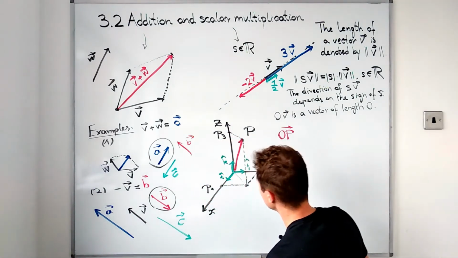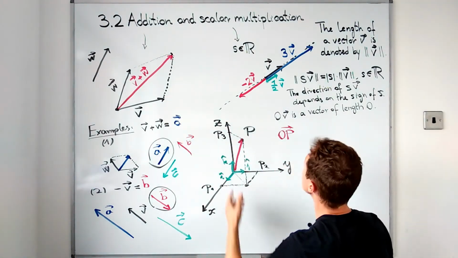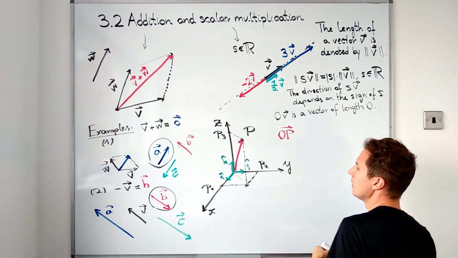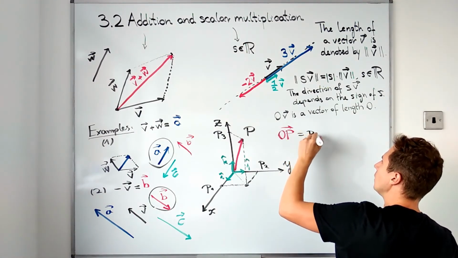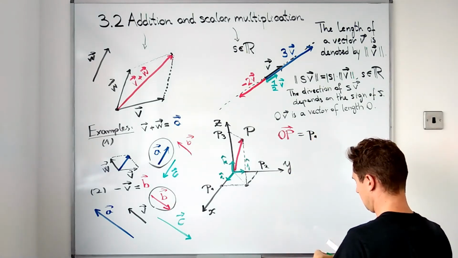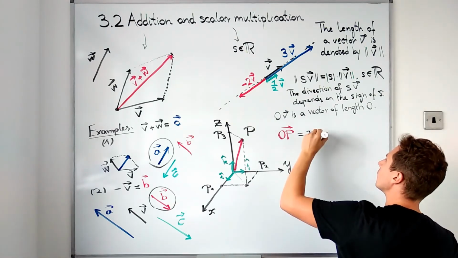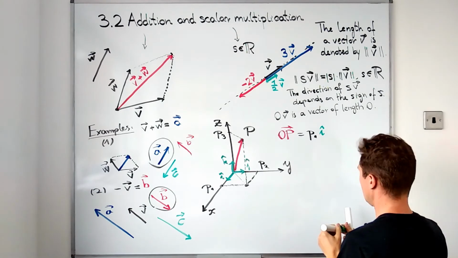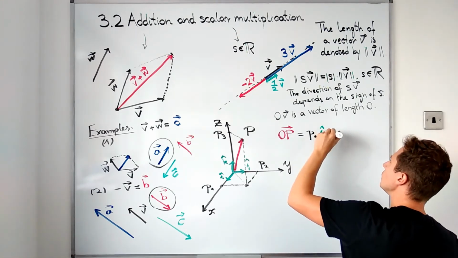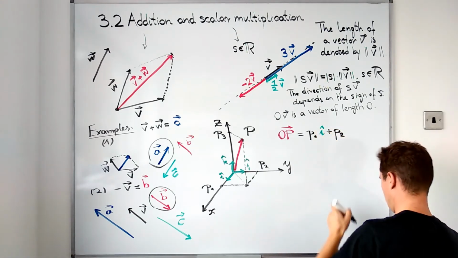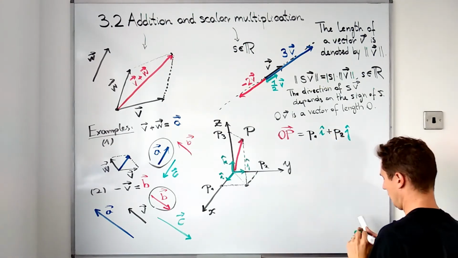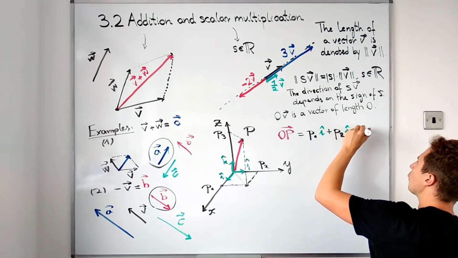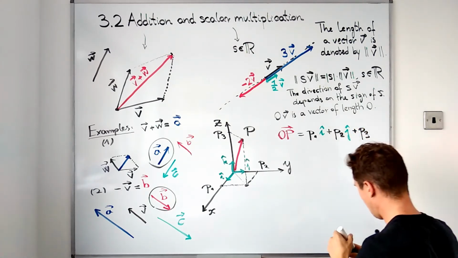So if I do that, then by vector addition and scalar multiplication, I can express OP as P1 times i hat, then P2 times j hat, and add to that P3 times k hat.